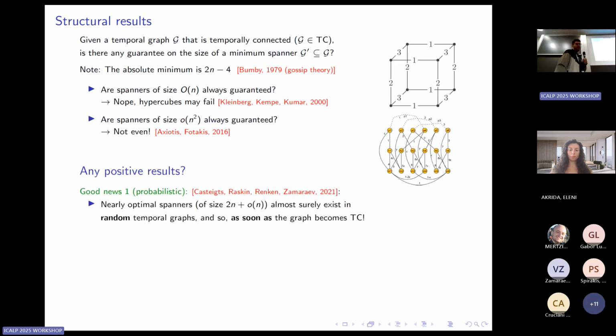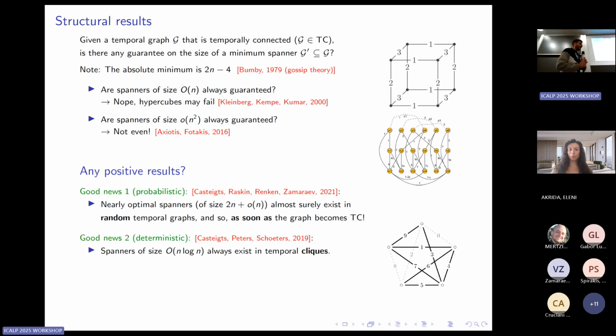On the positive side, an optimal spanner, let's say a linear spanner, exists as soon as the random temporal graph becomes temporally connected. Instead, in the deterministic setting, the research has concentrated on proving something about cliques.